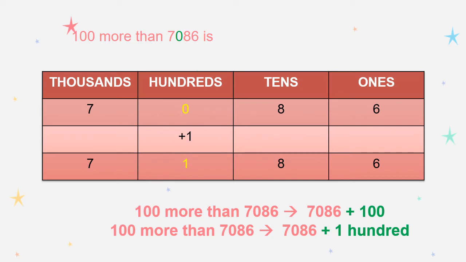At the first line, 7, 0, 8, and 6. 7,086. And Miss plus 1 at the hundreds place, because 100 more means plus 100, right? So 0 becomes 1 now. 0 plus 1 becomes 1. The final answer is 7,186, because we just plus 1 at the hundreds place. Okay.